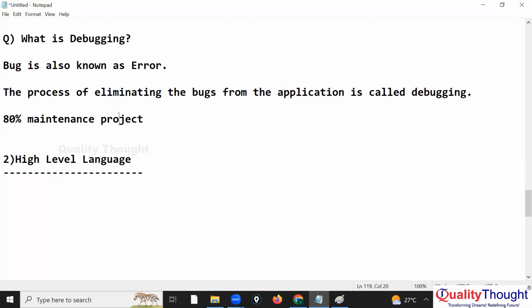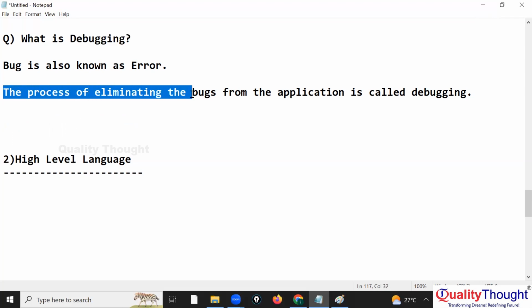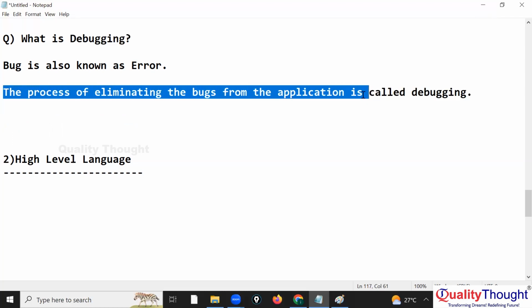Already developed means if any problem comes, you need to solve that. That's why industry is focusing more and more on debugging. Understood my point here now? If anybody asks what is debugging, what will you say? The process of eliminating the bugs from the application, from our program, is called debugging.